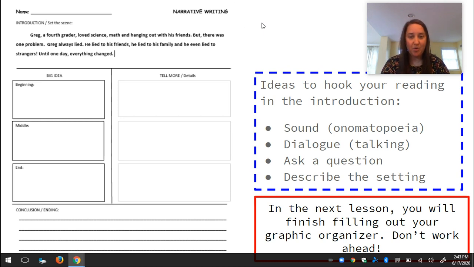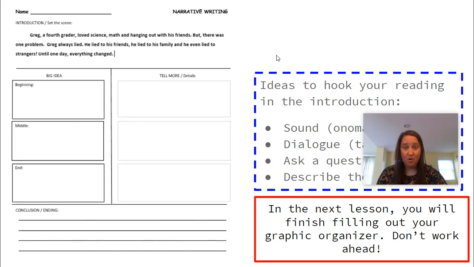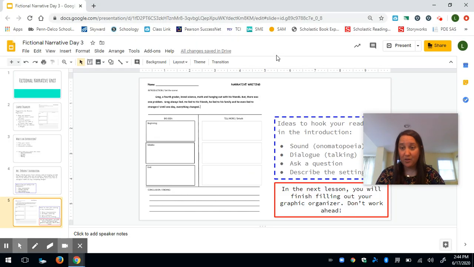And the next time Mr. Swan or myself see you for writing, we'll continue working on the rest of your graphic organizer. So enjoy hooking your reader in some way today on the beginning of your fictional narrative. Remember, you must include a magic potion of some sort. Notice in my introduction, I don't have that yet, but that's okay. Today's goal is to get your introduction done, and then you will be done with writing for the day.